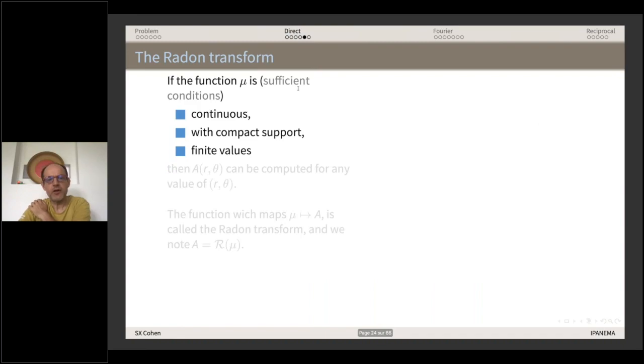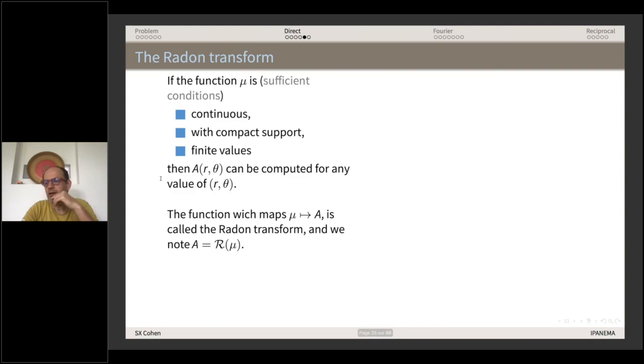Okay, so now let's consider that the function mu has a few sufficient conditions. First one, it's continuous, so that's a rather physically realistic situation. It has a compact support, which also for a solid object within gas, within the atmosphere, is rather realistic, and it has finite values. We don't have anything weird within the sample.